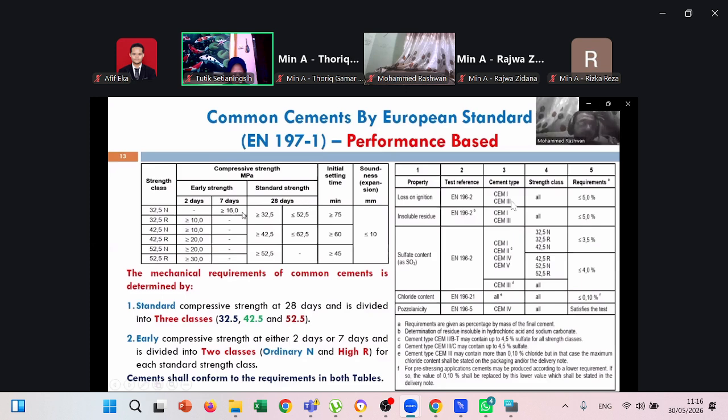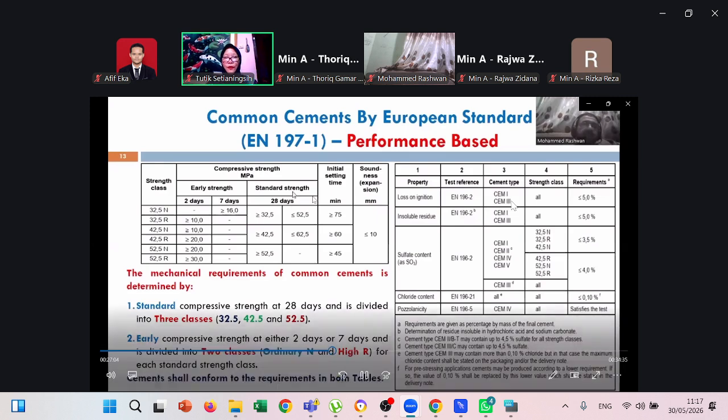For example, strength class 32.5. The compressive strength here is not for cement only, but for cement and sand, for a mortar mix. We make a mortar mix and measure the compressive strength at 2 days, 7 days, and 28 days.